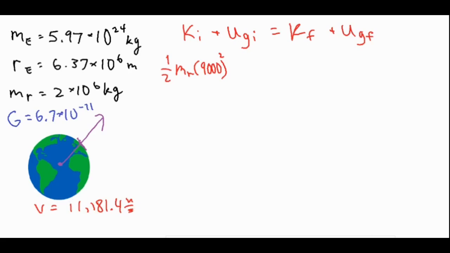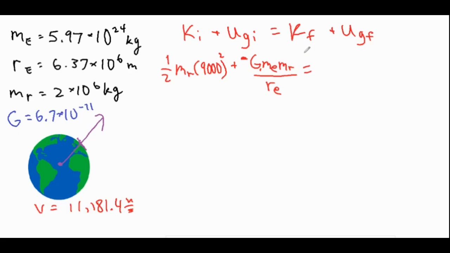So it's not going to escape. It's going to reach a certain height and then come back. So then its initial potential will still be, we'll put the negative in there, G M_E m over R_E, again mass of the Earth, mass of the rocket, and then radius of the Earth when you're sitting on the surface of the Earth.